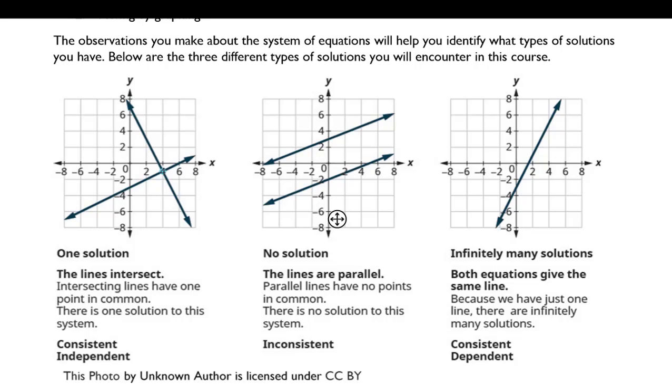The first one is one solution. And you can see we have two linear equations, and they have exactly one point at which they cross. The intersection point for these two lines would be (4, -1).